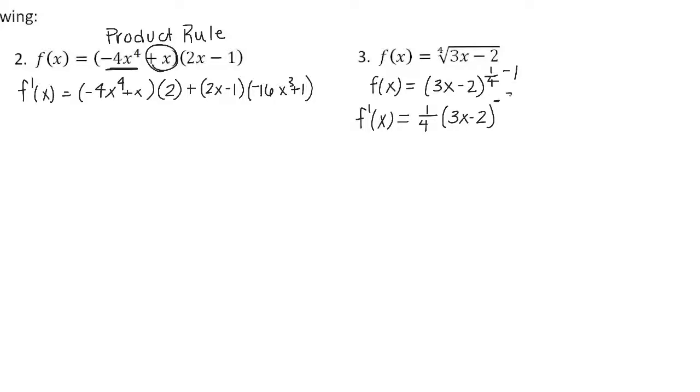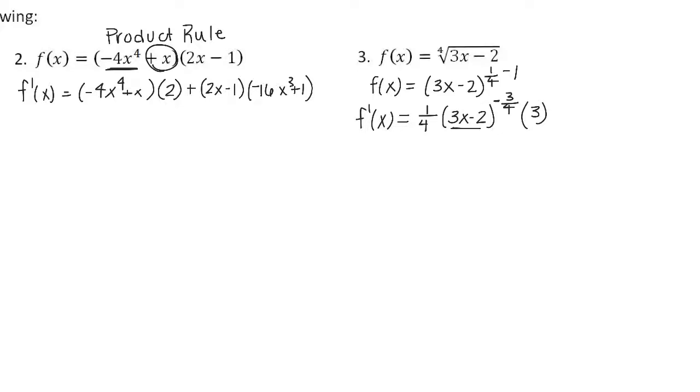Negative 3/4, right? Groovy? Some of you stop there. What are we missing? Times the derivative of the inside, because with chain rule, you deal with the power rule first, and then you take the derivative of the inside, right? So what's the derivative of 3x minus 2?